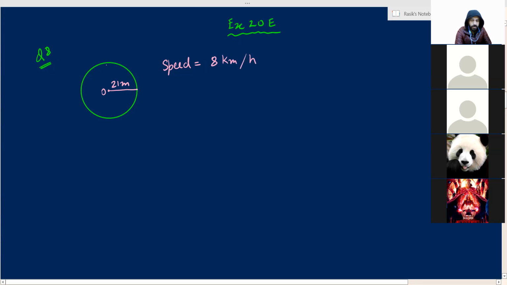Everyone, please keep your videos on. It is compulsory to keep your video on. Have you all got your report cards for unit test 2? Yes, sir. In that, did you see there is a column for attendance also? Marks are given in every subject for attendance and notebook.